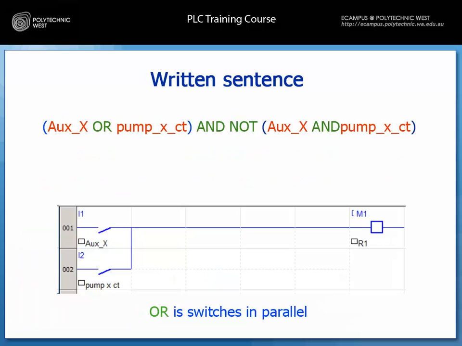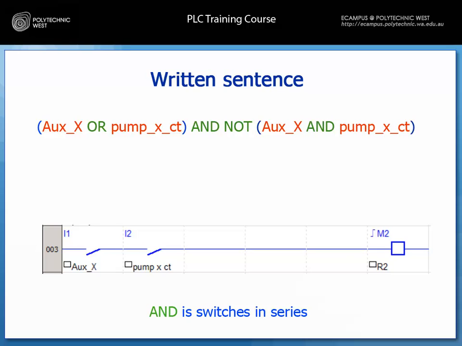We can group it together so it looks a bit simpler and use the brackets to isolate the sections. Start with the first brackets, auxiliary X or pump XCT, and we can use an internal relay which we will call R1. So R1 equals auxiliary X or pump XCT. Next is the second set of brackets, auxiliary X and pump XCT, and we can use another internal relay which we will call R2.